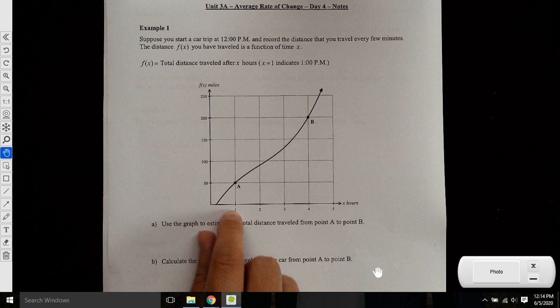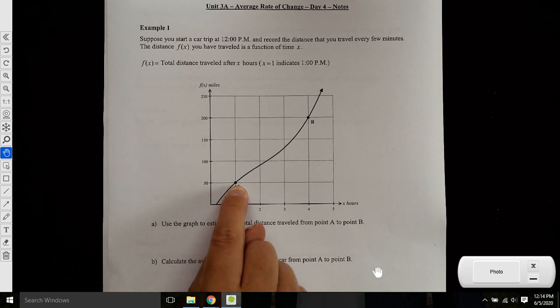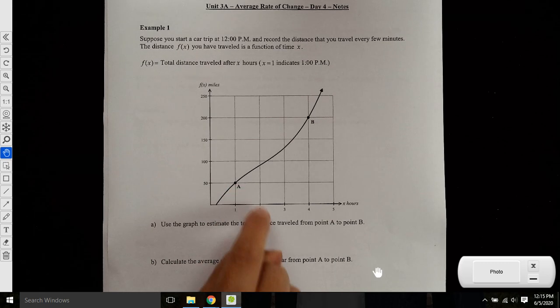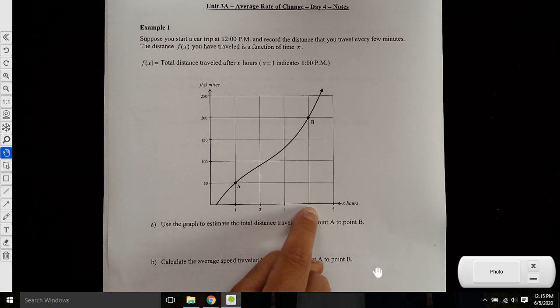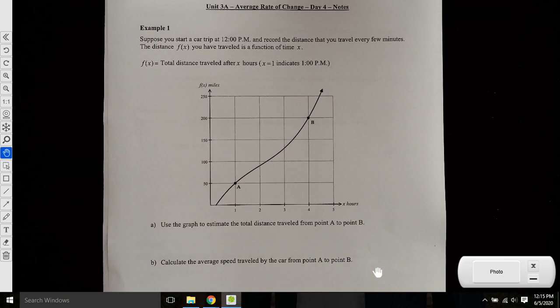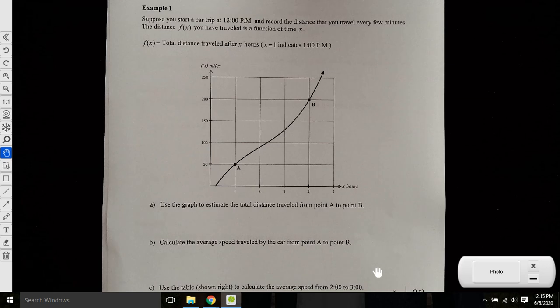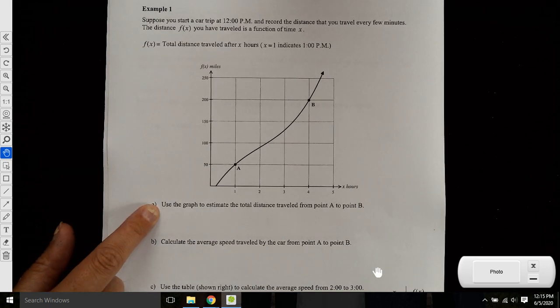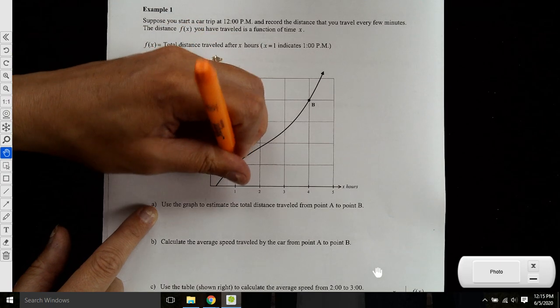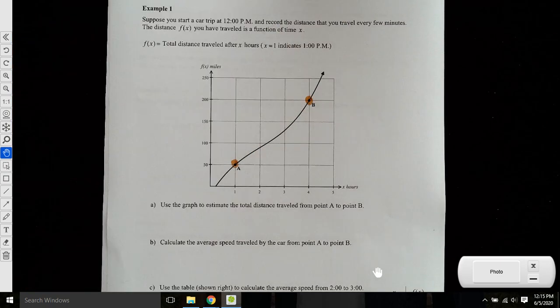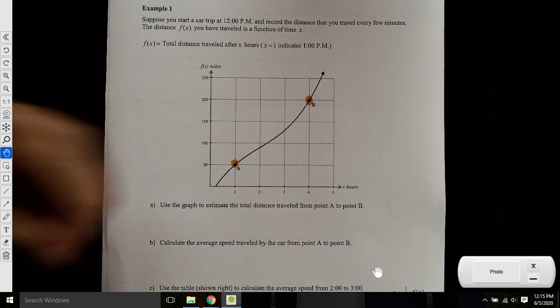So you can see after 1 hour, you've traveled 50 miles. After 4 hours, you've traveled 200 miles. So we are going to look at different aspects of this and examine the average rate of change. It says, use the graph to estimate the total distance traveled from point A to point B. Point A is 50 miles traveled.